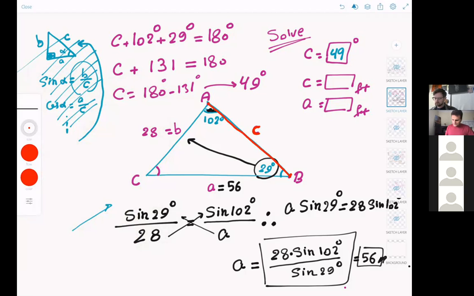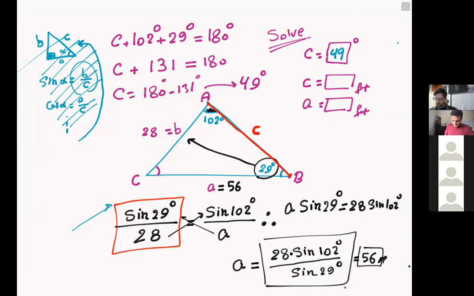I can keep using this one, sine of 29 over 28. So sine of 29 over 28 equals sine of 49, which Edison solved earlier, divided by C. We don't use a calculator now because we're going to get a lot of errors.